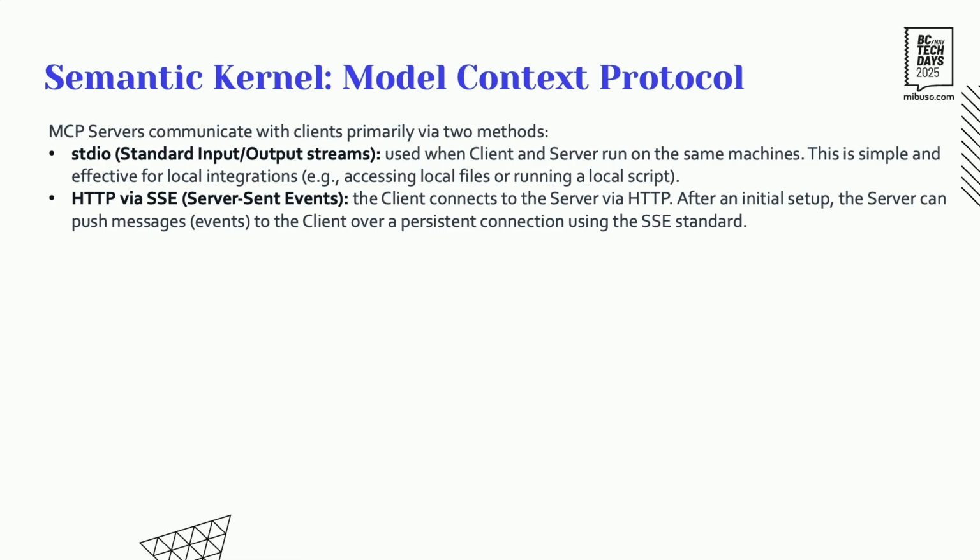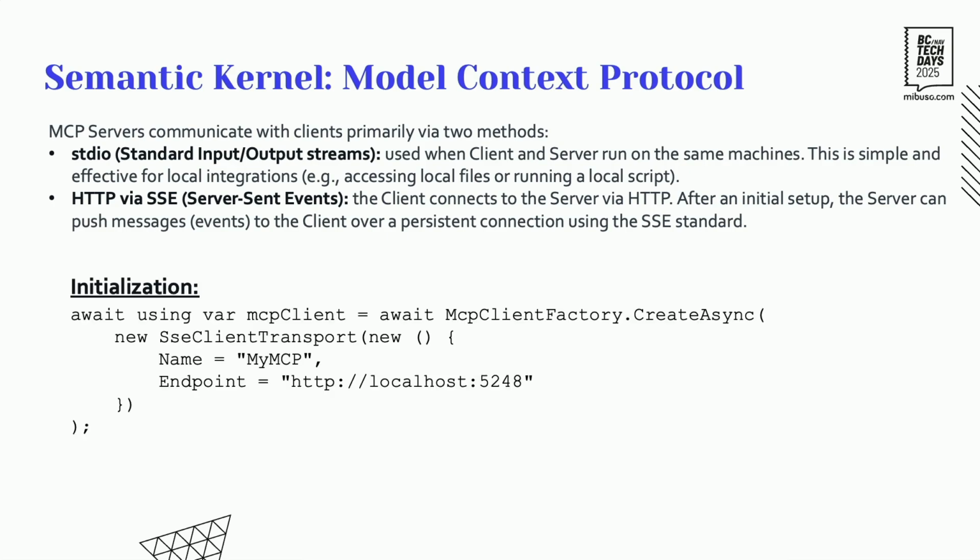Using that, Semantic Kernel supports MCP. So if you have an agent created in Semantic Kernel, like we showed in the demo, it can support MCP with a few lines of code. First is declaring this. You need to add the MCP client factory package, and then you create your MCP server.